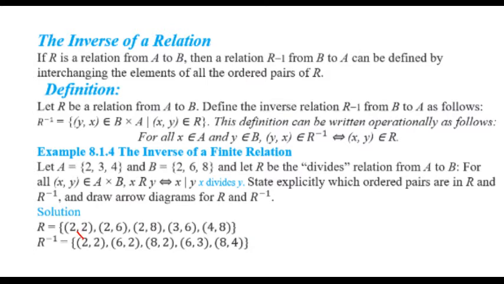So I can create the correspondence between these two members, and then (6, 2), which corresponds to (2, 6) in R, then (8, 2), which corresponds to (2, 8), (6, 3), which corresponds to (3, 6) in R, and finally (8, 4), which corresponds to (4, 8) in R. So as you see, we have these 5 ordered pairs in R inverse.